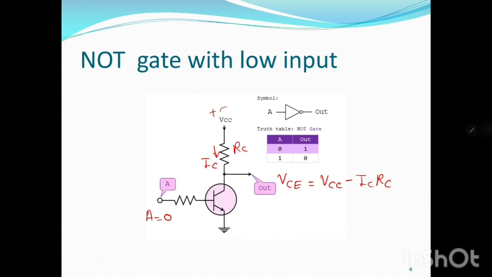Here VCC is 5 volts, therefore 5 minus 0, you are getting 5 volts. That is, at the output of this transistor you are getting high voltage. When input is low, output is high.